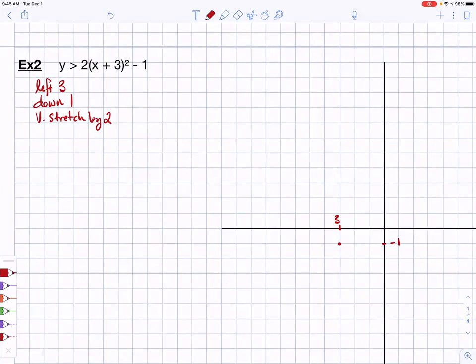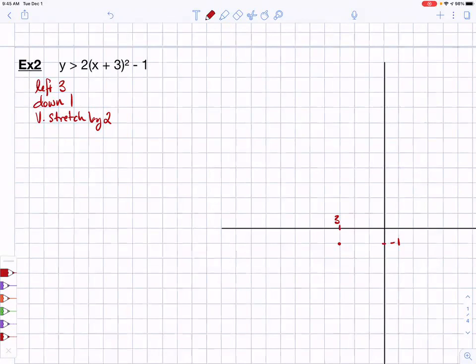We always started at the vertex and our parents went right 1, left 1, up 1, and then right 2, left 2, up 4, because 2 squared is 4. Remember that? So that's what the parent does.